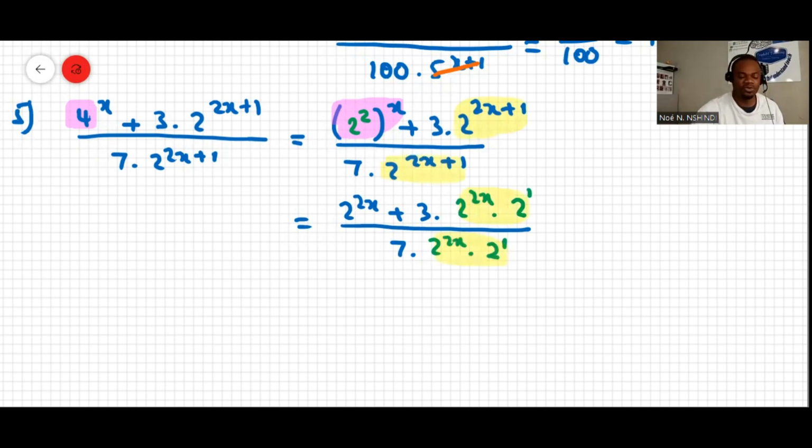The strategy was to have a common factor. Now we have a common factor. If I look at the denominator now, the common factor is 2 to the 2x, and 2 to the 2x there also. So we can take it out as a common factor.